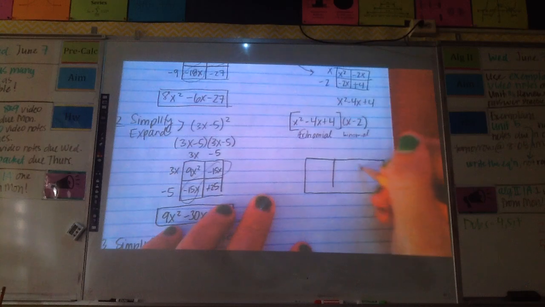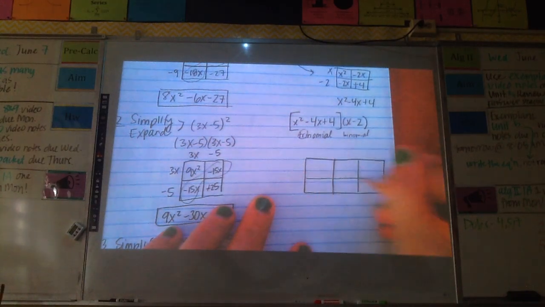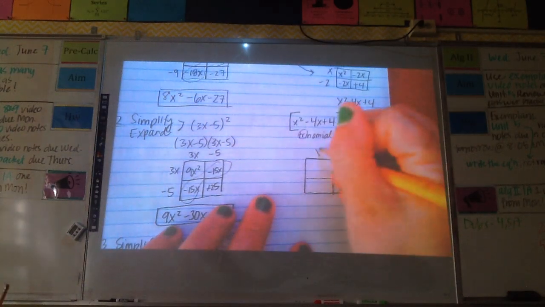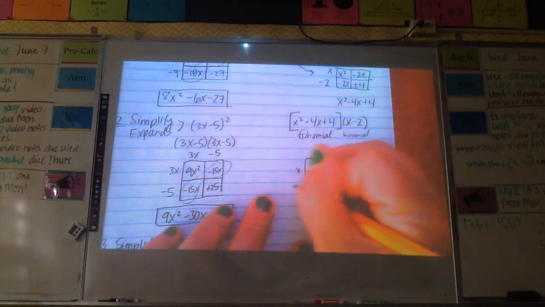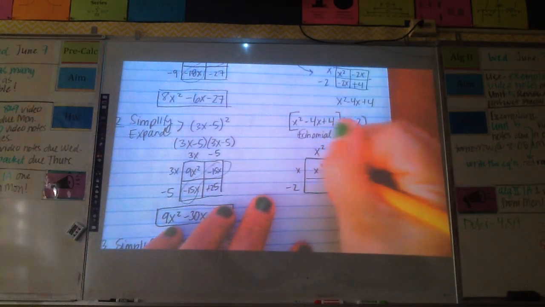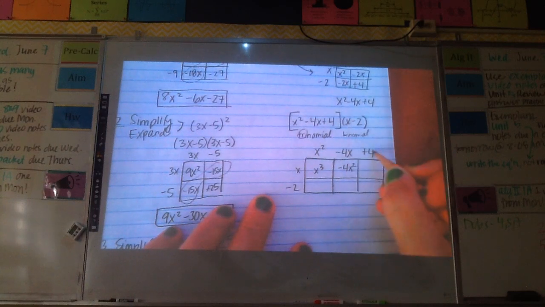I need 3 columns, 1 for each term, and 2 rows, 1 for each term. So I have x squared minus 4x plus 4 times x minus 2. Okay, again, each box is just the product of the term above and the term to its side.